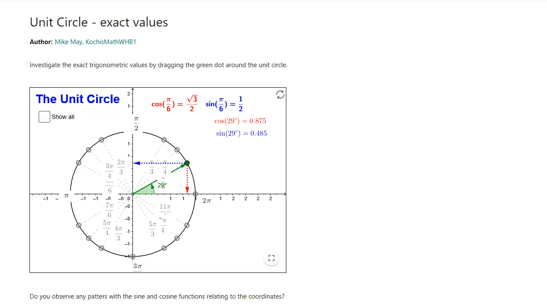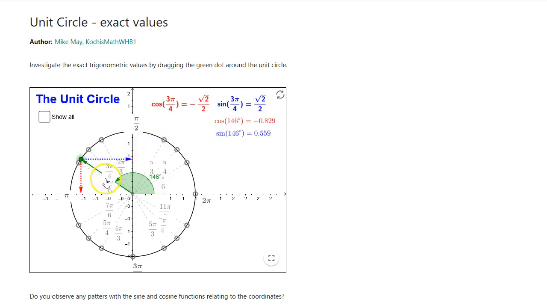Let me grab my mouse here. I'll take just a second. So this shows you that rotation. It also shows you the values at each one. So there's pi over 3, 60 degrees is a half, and square root 3 over 2.